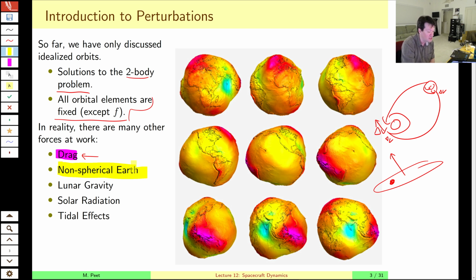So what we see here is an illustration of the non-spherical Earth. The Earth is actually spherical. These don't actually show mountain ranges and stuff, although you can sort of see the mountain ranges showing up here. What we're actually referring to, when we talk about non-spherical Earth, is the non-spherical gravity representation of the Earth, the non-spherical gravity field of the Earth.